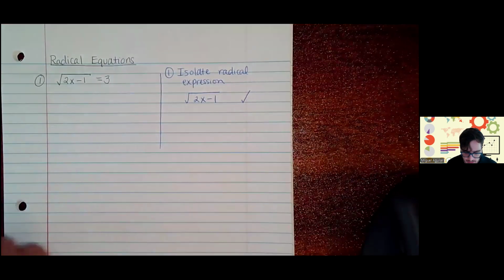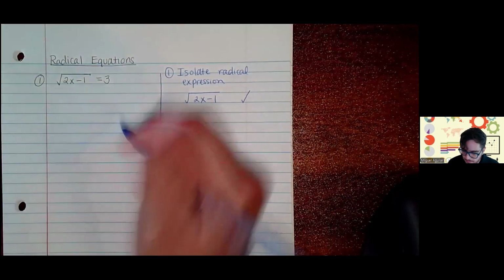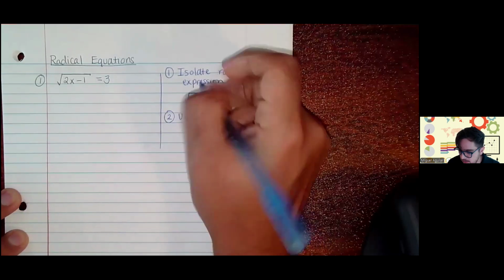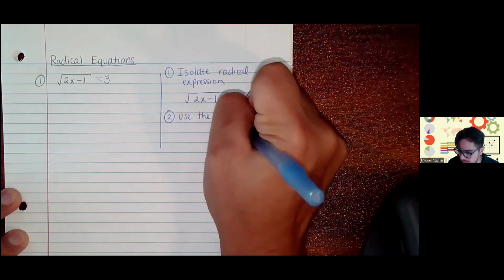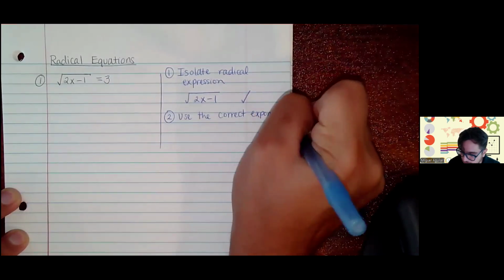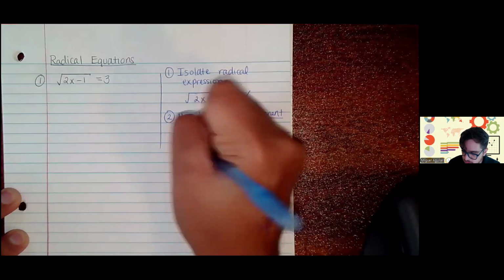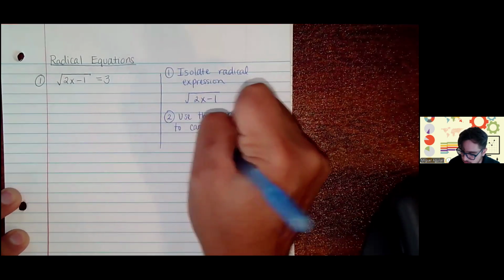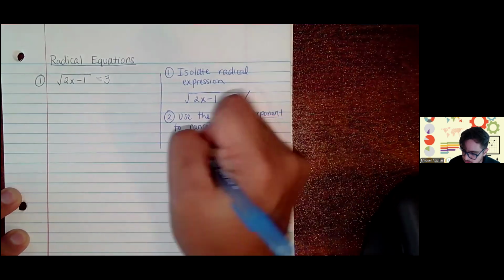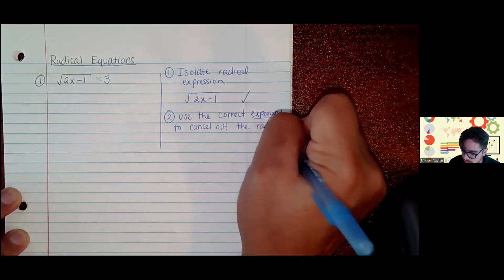Okay. The next thing we want to do is we want to use the correct exponent or the correct power to cancel out the radical. Okay.